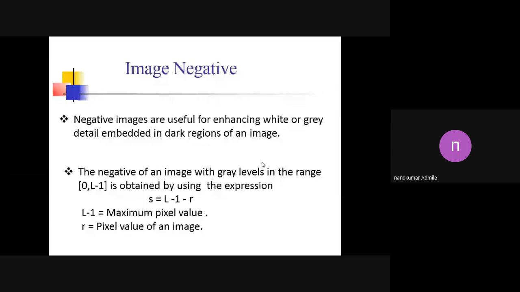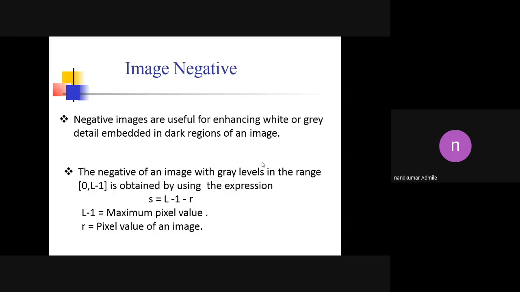Here, L minus 1 is the maximum pixel value, and the small r is the pixel value of the image. If we consider a 256 by 256 image, it ranges from 0 to 255, so 255 is nothing but L minus 1, the maximum pixel value.